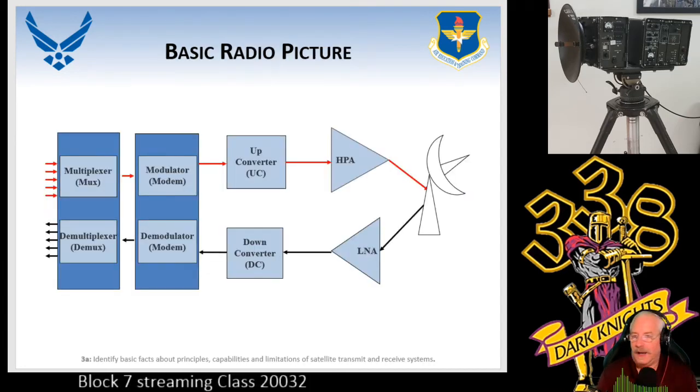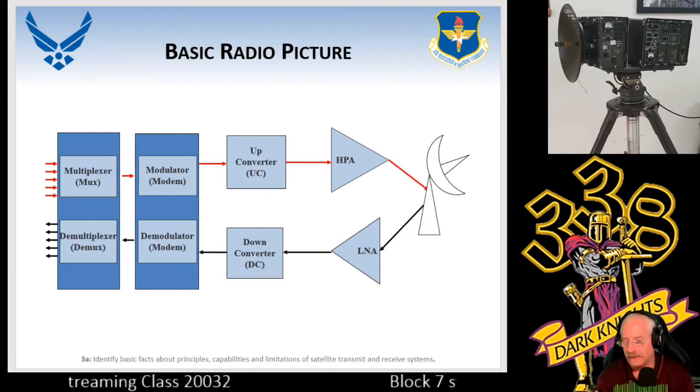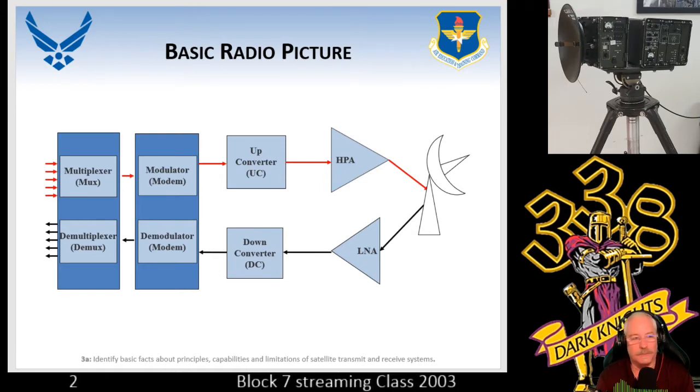Remember I told you that we have the filled out version? Here it is. The multiplexer is going to send us an aggregate. It's going to go into the radio itself, and then it's going to modulate it. You guys saw this in block 2 with the PRC-150, going from analog, using your voice, and getting it into digital, which is pretty much the representation of an aggregate signal from a multiplexer.